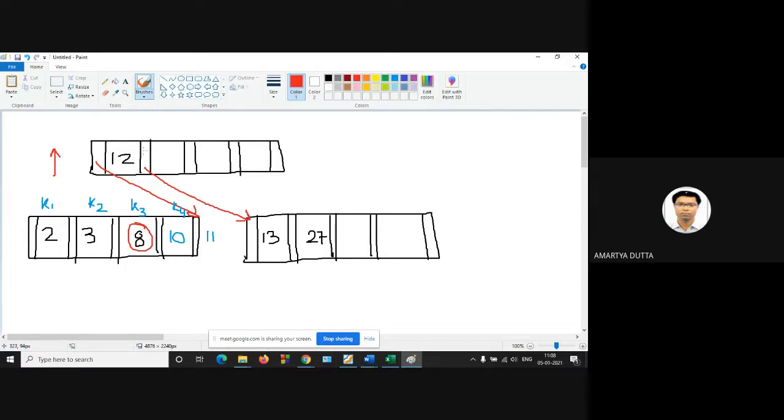There is a room in the root. So this 12 is replaced here, and there will be an 8, and this node is split. In the first node there will be 2 and 3. In the second node there will be 10 and 11. Okay.